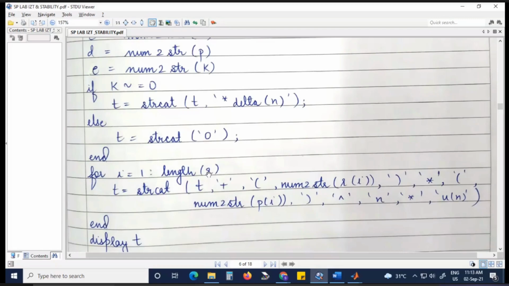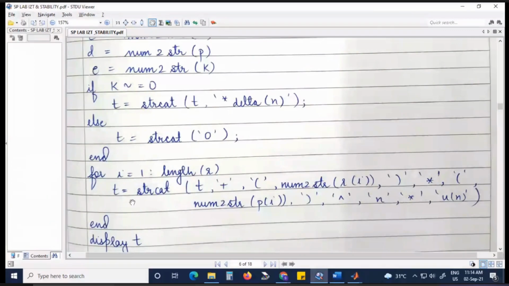We don't know how many constants, so we have considered one variable i, from 1 to the length of R.